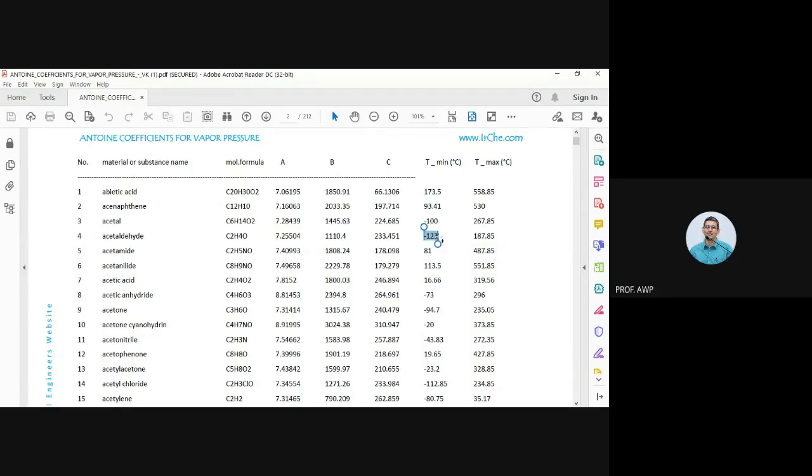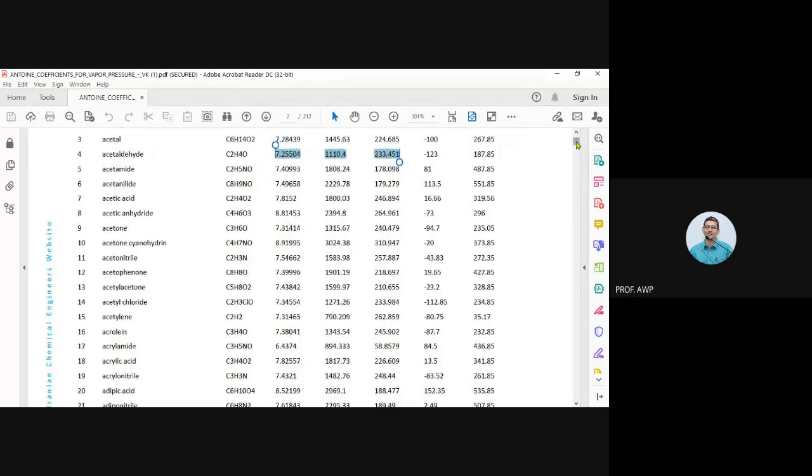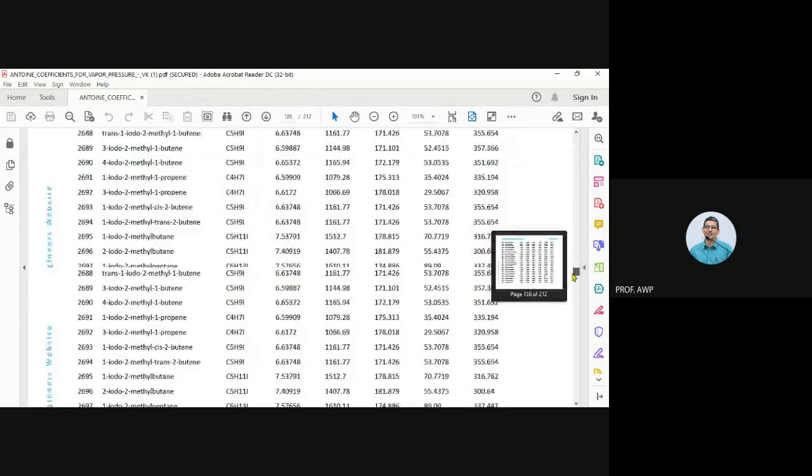If you are using it for maybe 200 degrees centigrade, it will not be so accurate. So within this temperature range, these constants are fairly accurate. Okay, so let's go down to methanol. Methanol was some 3,000 something.